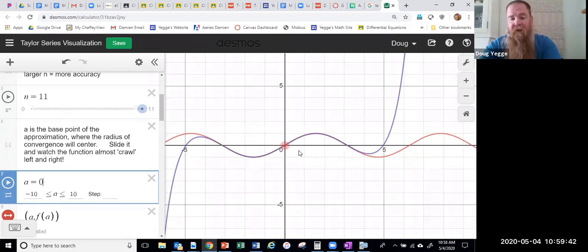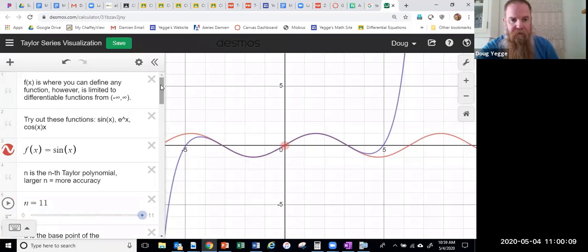So the first derivative of sine x should equal the first derivative of the polynomial. The second derivative of sine x should equal the second derivative of the polynomial. The fifth derivative of sine x should equal the fifth derivative of the polynomial. And that's what we're doing to build this Taylor polynomial: as we take better and better approximations, every single one of its derivatives better equal that function.